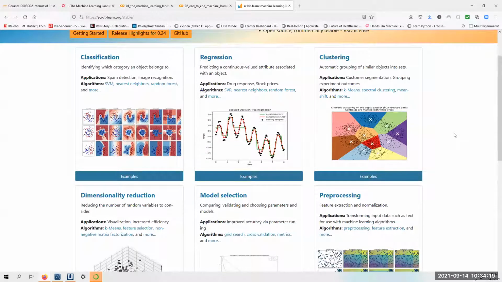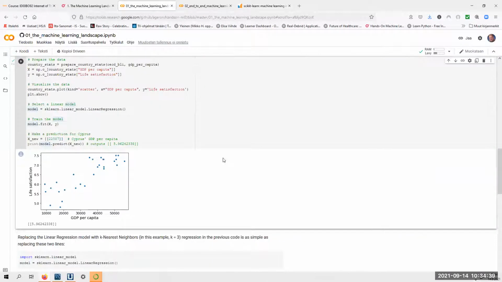But it's not the purpose of this first introductory course. We just take those examples with gratitude and run them, and then we can change some values or use this as an example for the next similar exercise.